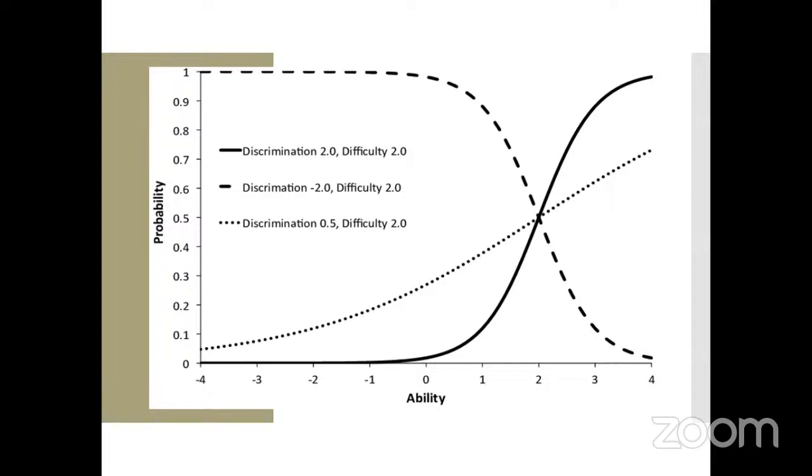Why should we reject it? Anyone? You can try to answer. As the ability increases, the probability of correctness decreases. That way. Right, very good.